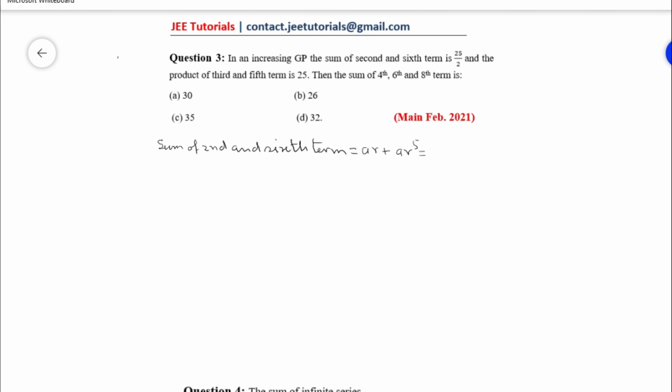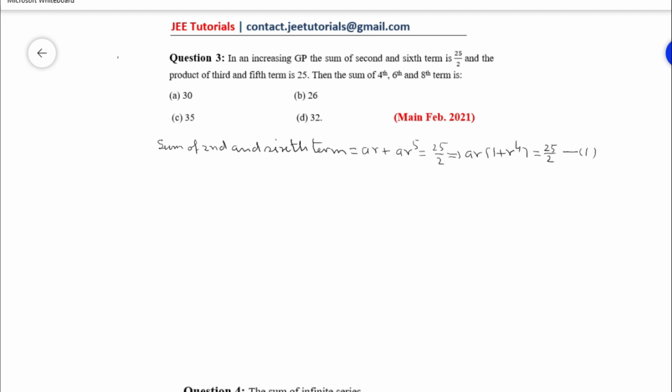This is given as 25/2, and this implies AR common, 1 plus R to the power 4 equal to 25/2. Suppose this is relation 1.